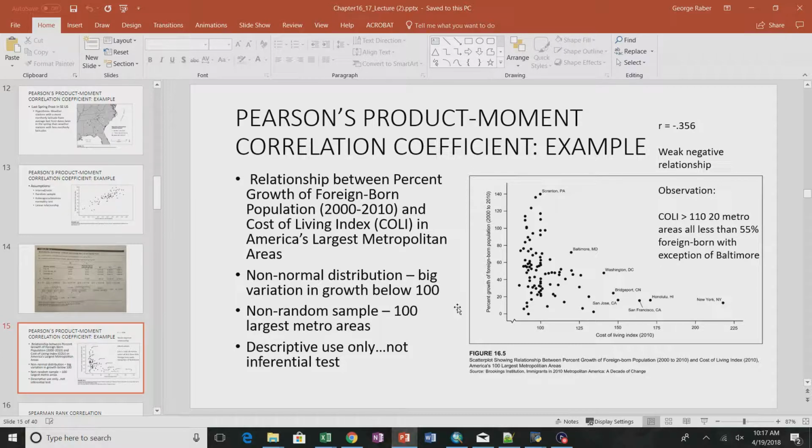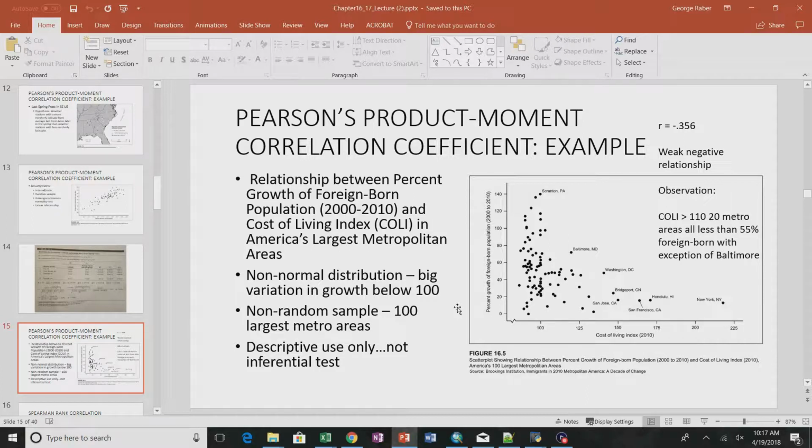I don't know if the book already points this out or not, but this may be something better to do as an ANOVA, where you collapse and say, okay, we're going to have high, medium, and low cost of living index areas, and test if the variance in those three areas is different, and see if that's significant. And it definitely would be. The variance is lower.